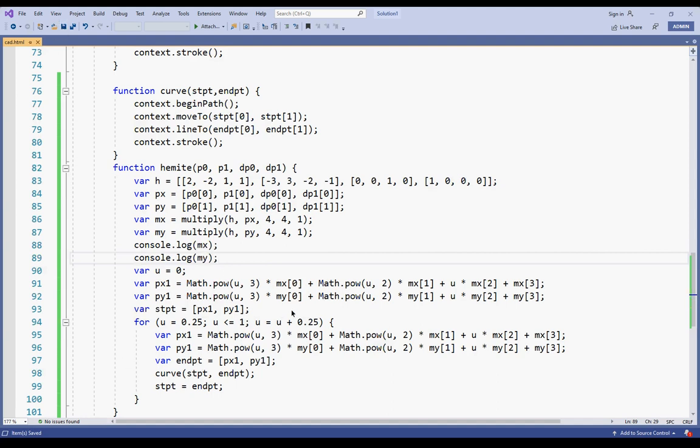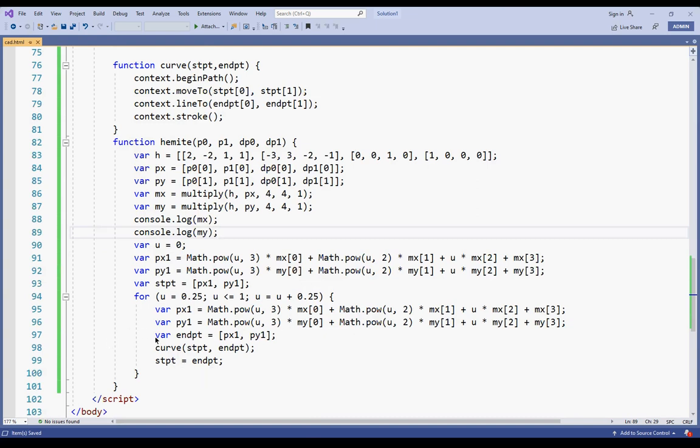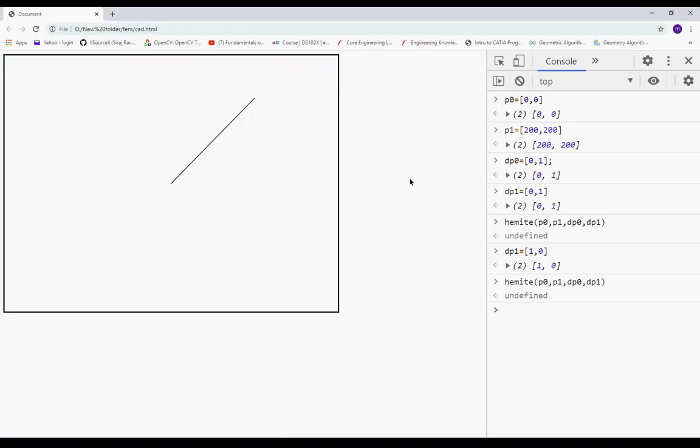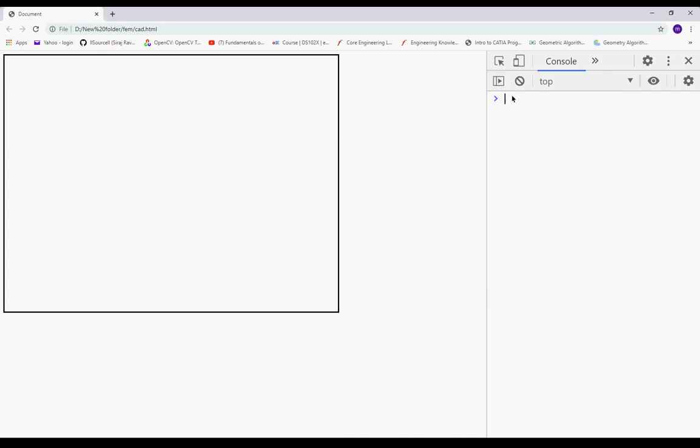I'll hit save, and then I also log these values, and pt. Where I am making the mistake, I will try to find out. I just hit save and reload it.